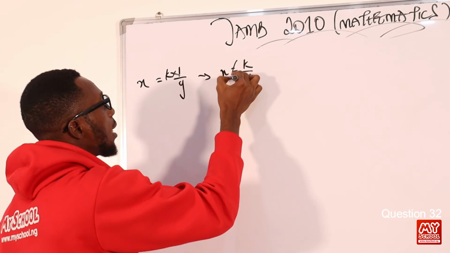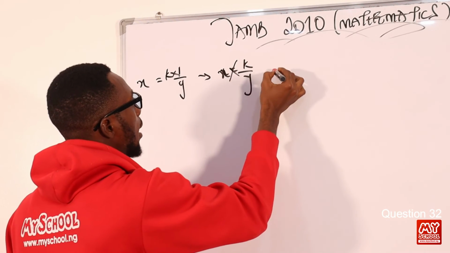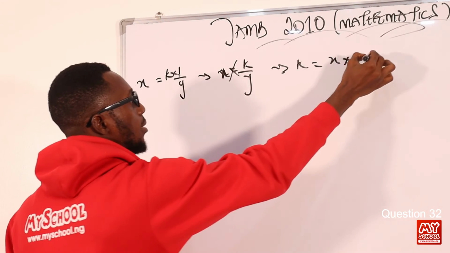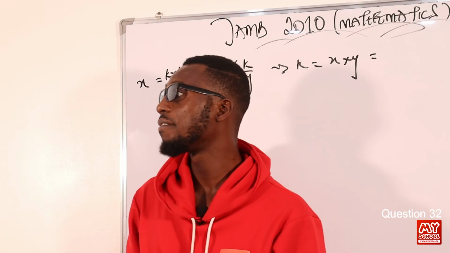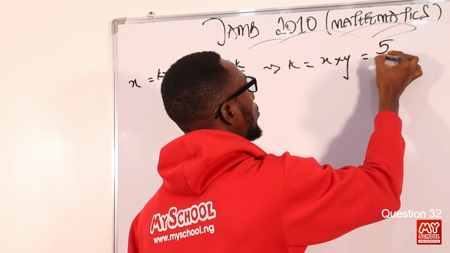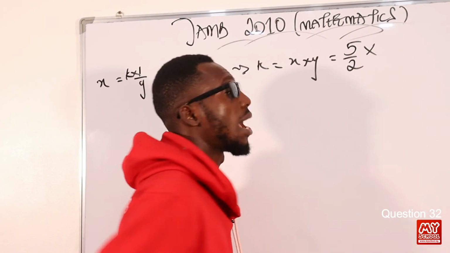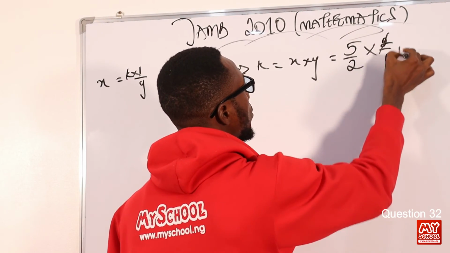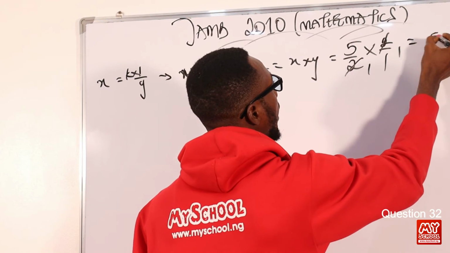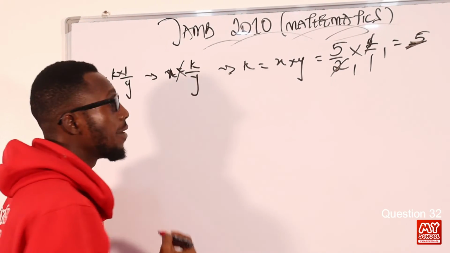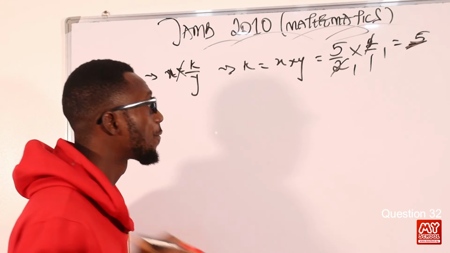Then our constant k will be x times y, isn't it? So for the first part, we have x as 2.5, that is 5 over 2, times our y, which is 2. So that means our k is 5. We are now asked to find x if our y is 4.